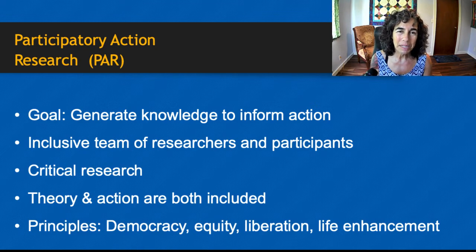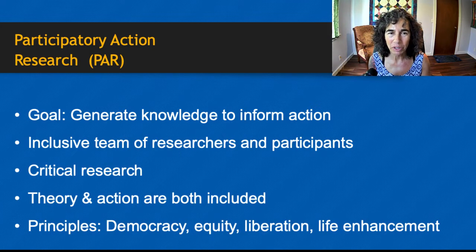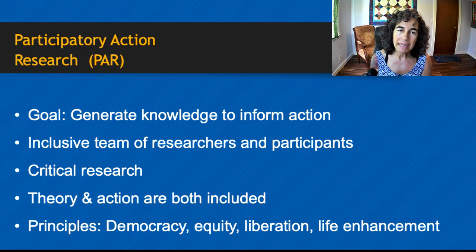All right, so participatory action research, or PAR. The goal is to get knowledge and then act on that knowledge. And it's pretty cool because it's a team of researchers and participants who are working together. So very far from the researcher as expert.